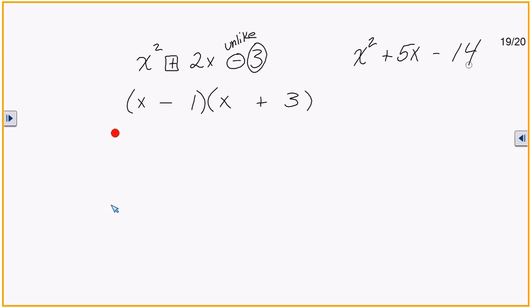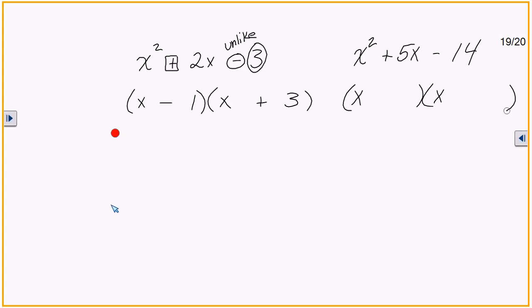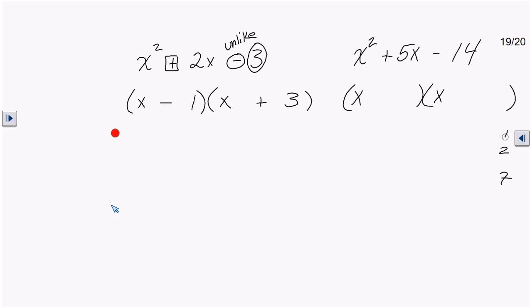So again, we're going to break up x, x, and 14 is 2 times 7, or 1 times 14.